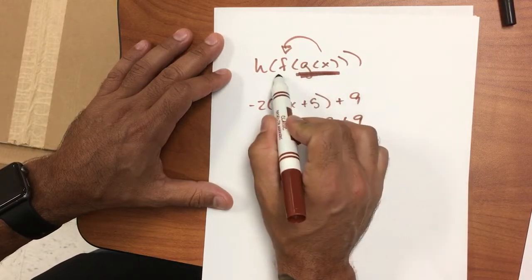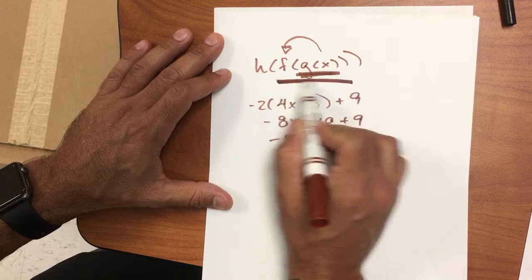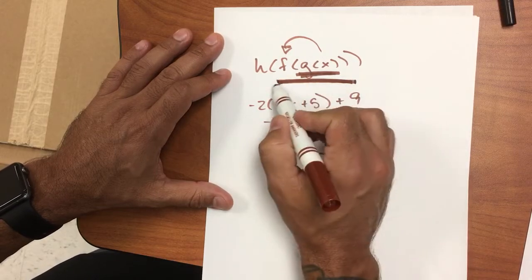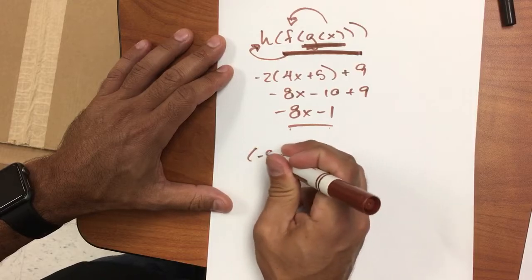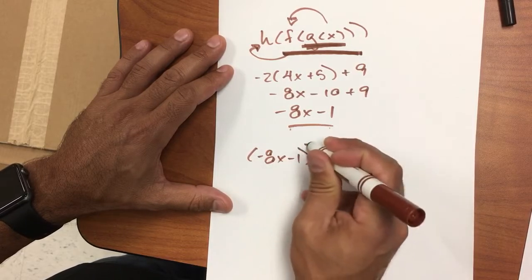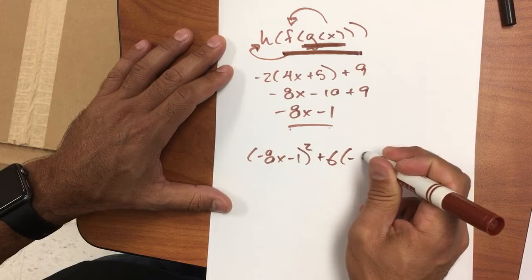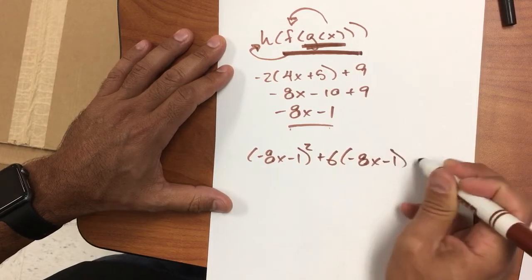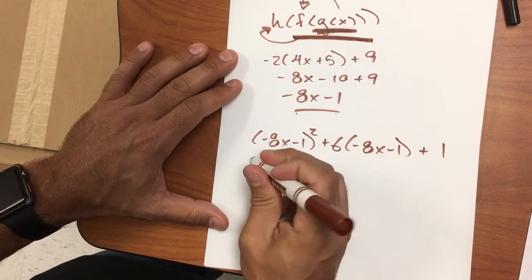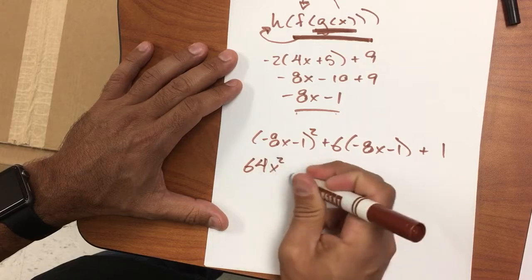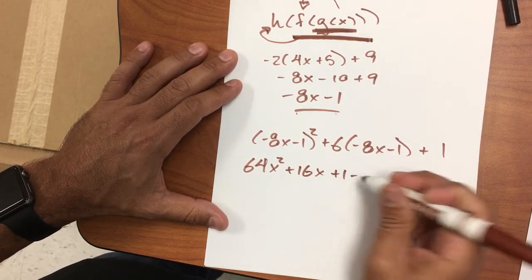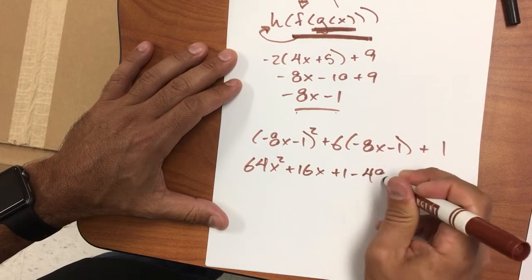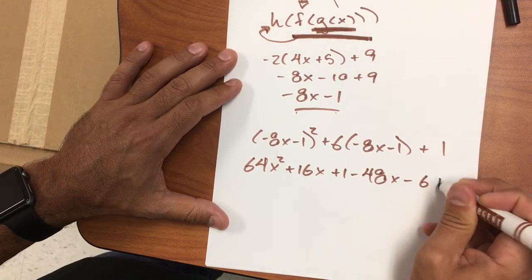But this is only these two pieces. Now I need to take what I got, which is this, and plug it into this one. So I'm going to go -8x minus 1 squared plus 6 times -8x minus 1 plus 1. I'm going to expand this out. 64x squared plus 16x plus 1 minus 48x minus 6 plus 1.